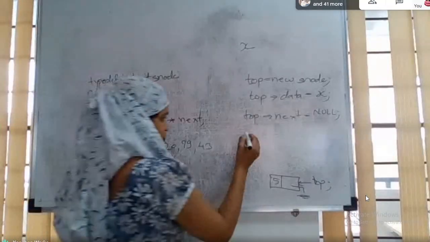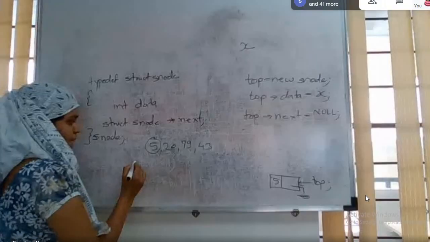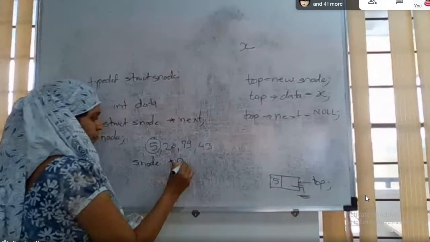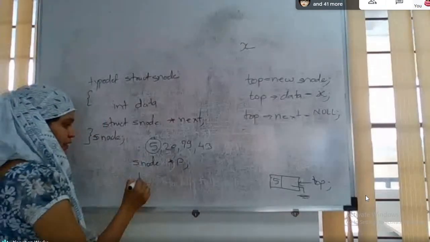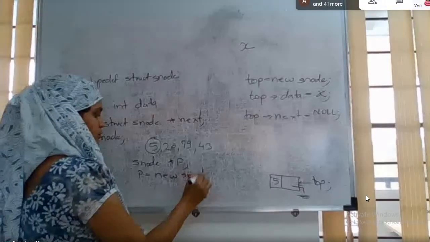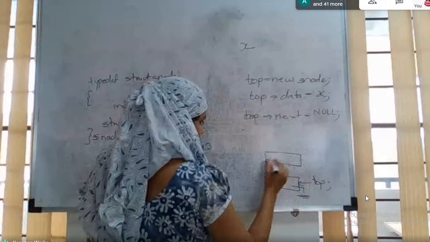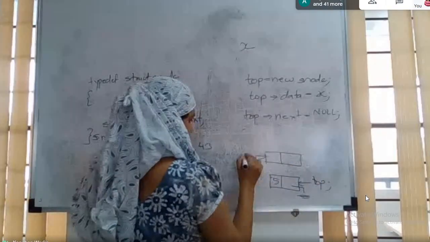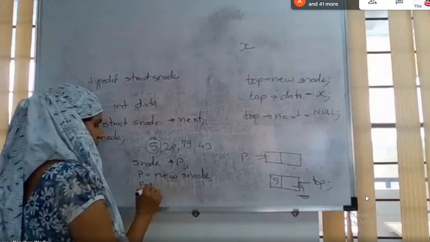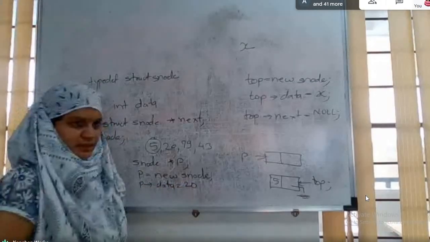So for that purpose, what I will do, I will use S node pointer P. Yes, and I will write P equals to new S node. Yes, so new node will get created जिसे P point करेगा. Then P of data equal to 20.